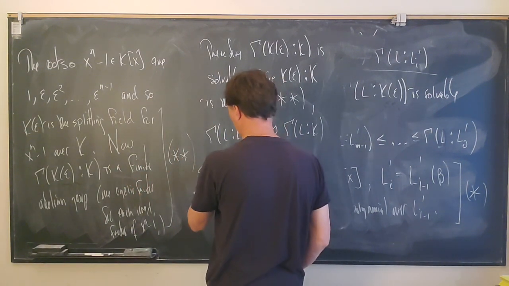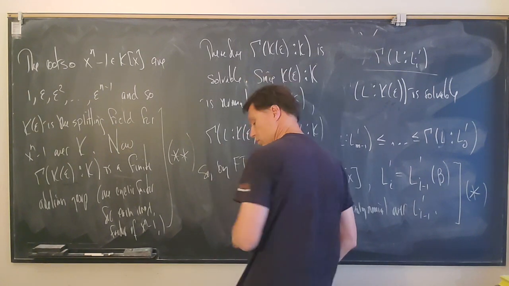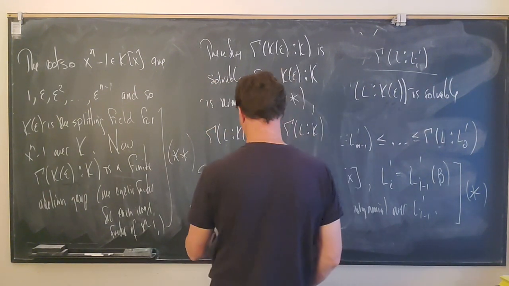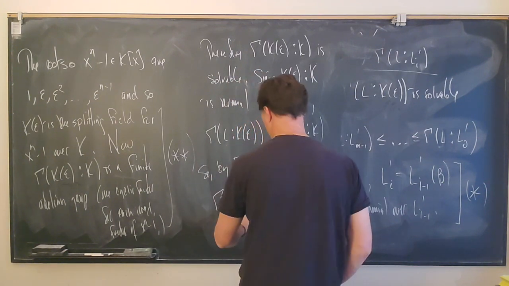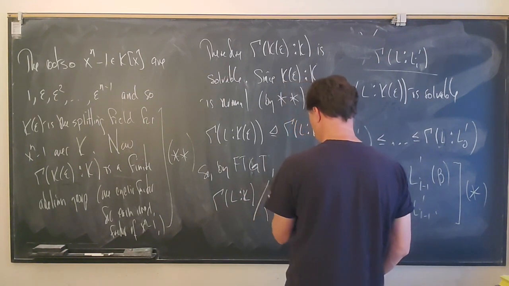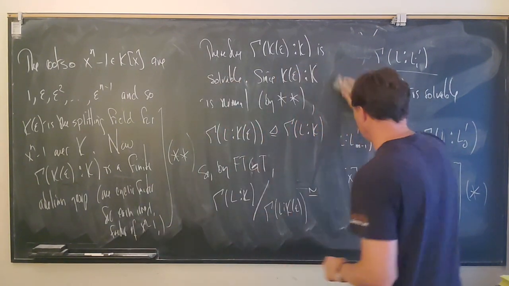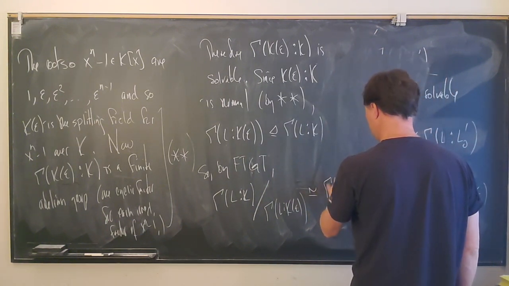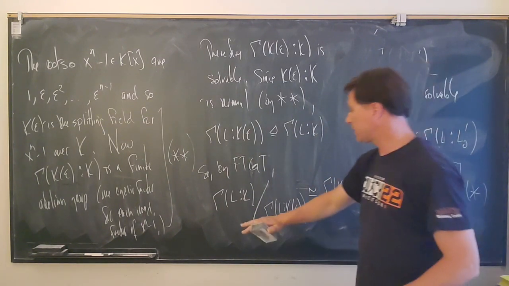So, once again, by the fundamental theorem, the quotient gamma of L over K mod gamma of L over K adjoin epsilon is isomorphic to gamma of K adjoin epsilon over K. This is solvable, which means that this is solvable.